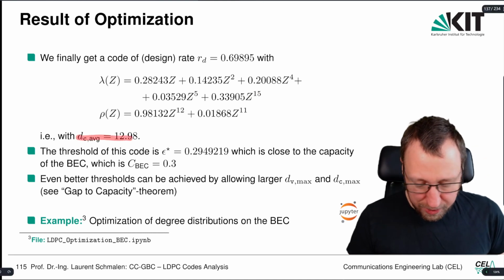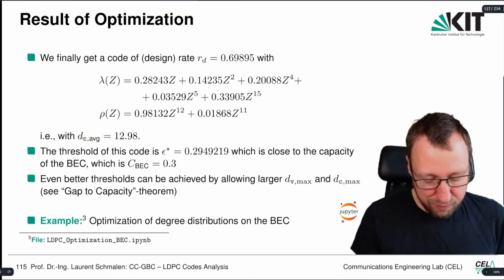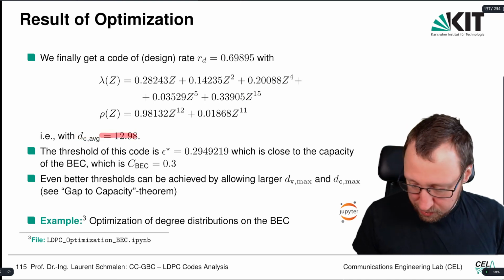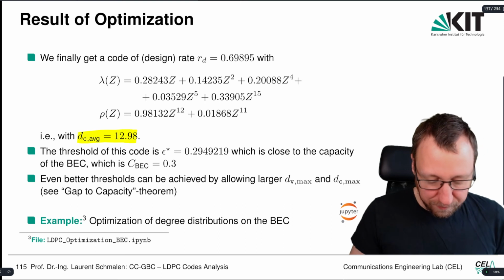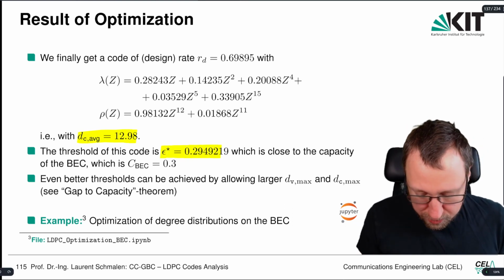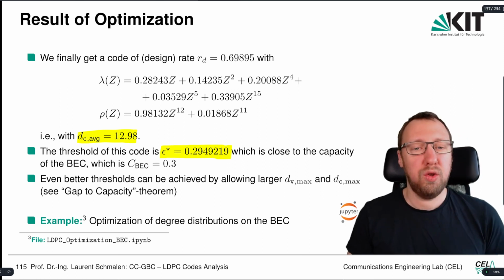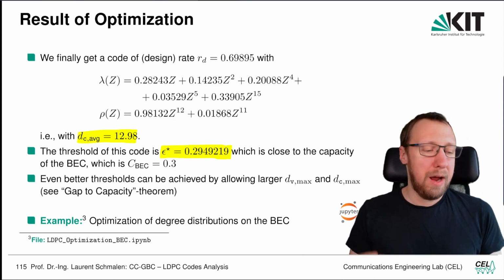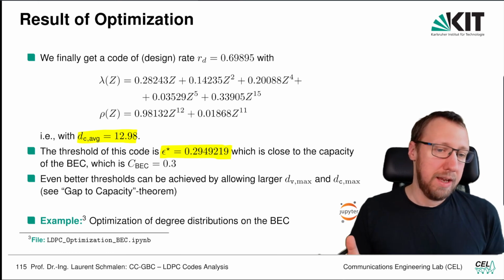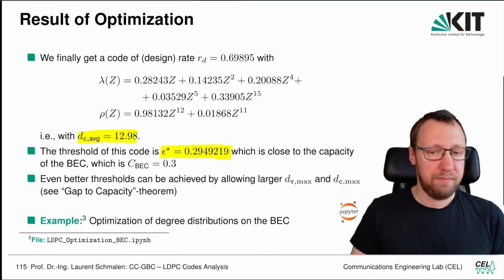The average check node degree, DC average, is equal to 12.98, so almost 13. That's also something we see. And the code has a threshold of 0.2949219, which is very close to the capacity of the binary erasure channel, which is equal to 0.3.